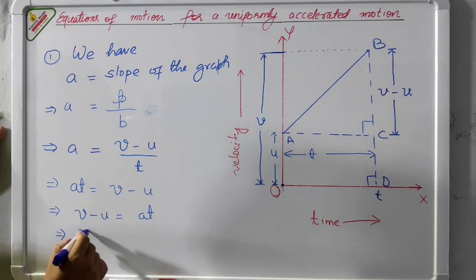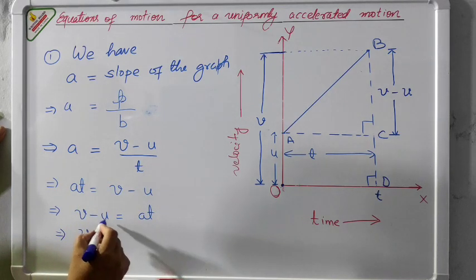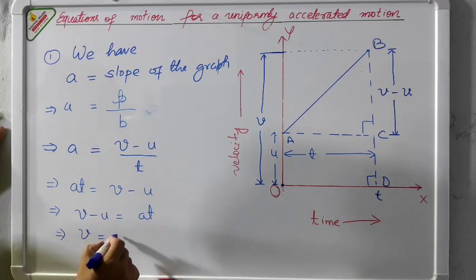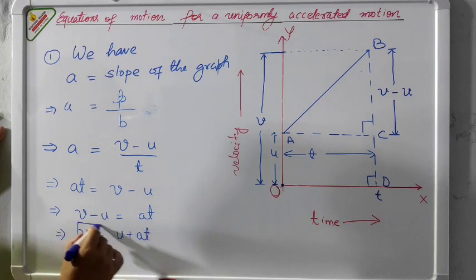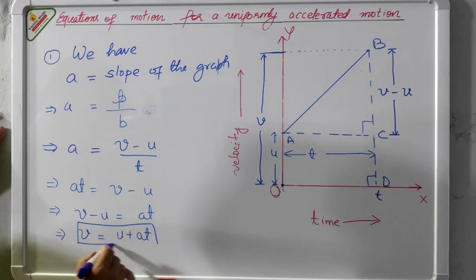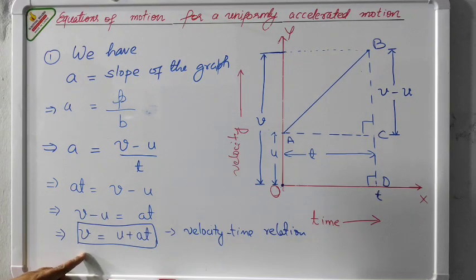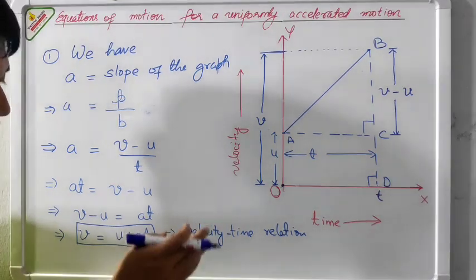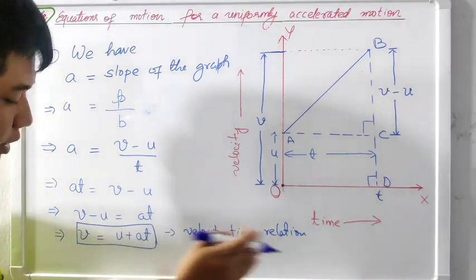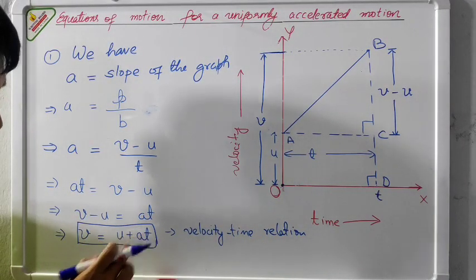Then v equals, transposing minus u to the right side, it will become plus u. u plus at. This equation is called the first equation of motion, or velocity-time relation. Both are velocity and time. a is constant.